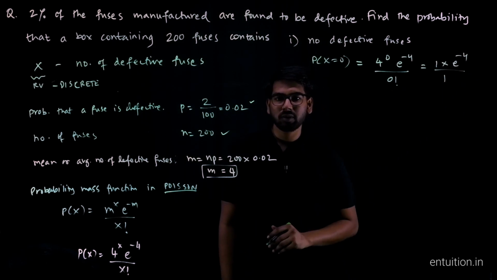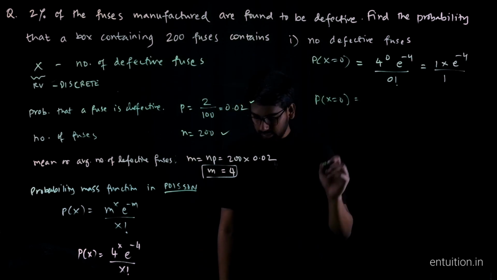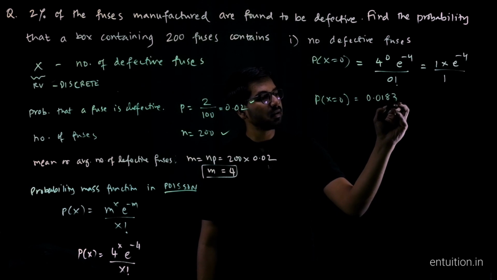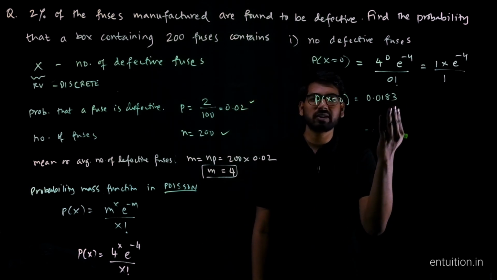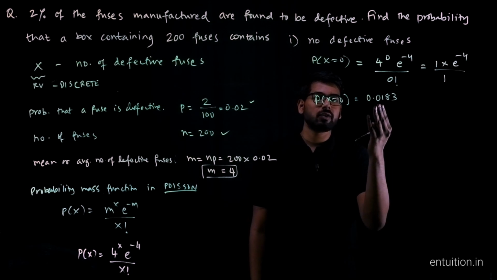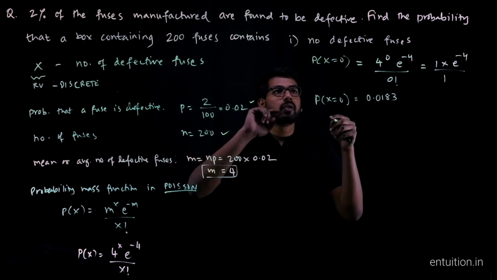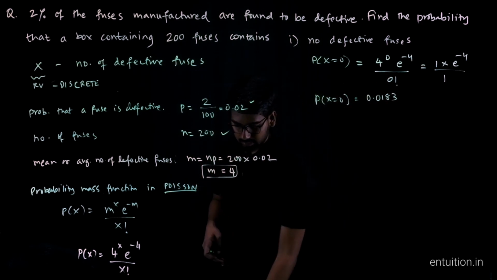So what is e power minus 4? Use your calculator. The probability that x equal to 0 is 0.0183. So there is a very small chance, about 1 or 2%, that out of 200 fuses, no defective fuses are found.